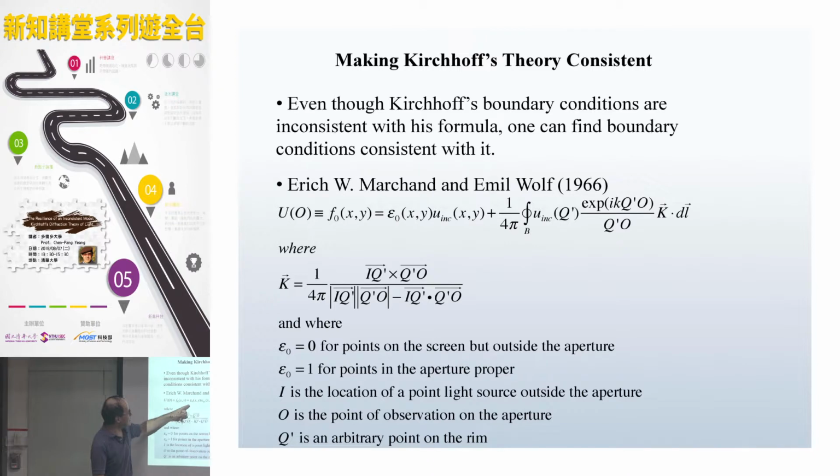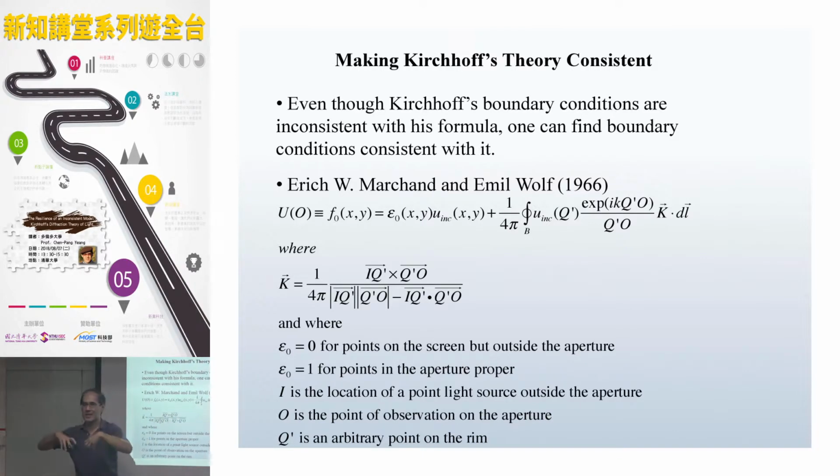And on the other hand, the aperture part of the surface does not have only the incident fields. So that comes back to your question, right? The aperture part of the boundary surface, in addition to the incident fields, has this diffraction field coming from the edges. So this is a new boundary condition that the two scientists proposed.